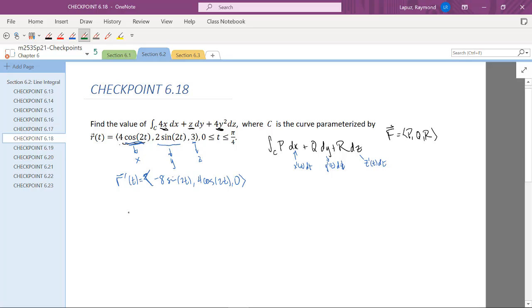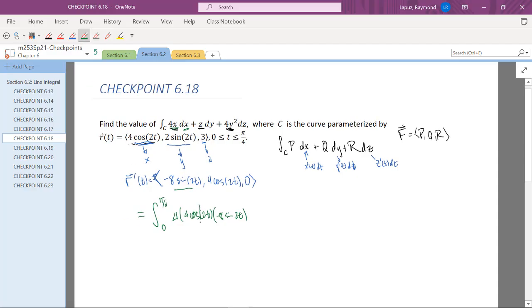So we have our x prime, y prime, and z prime, and we just put it all into our line integral. The line integral will equal the integral from 0 to pi over 4 of 4x, where x is cosine 2t, and dx is negative 2 sine 2t. That is our first term.